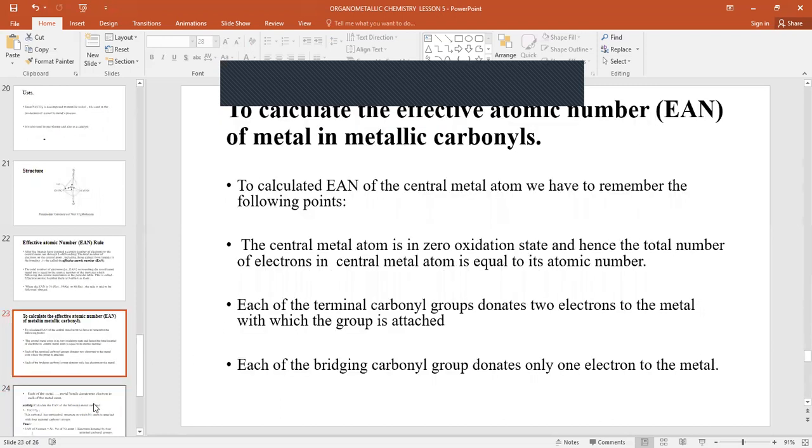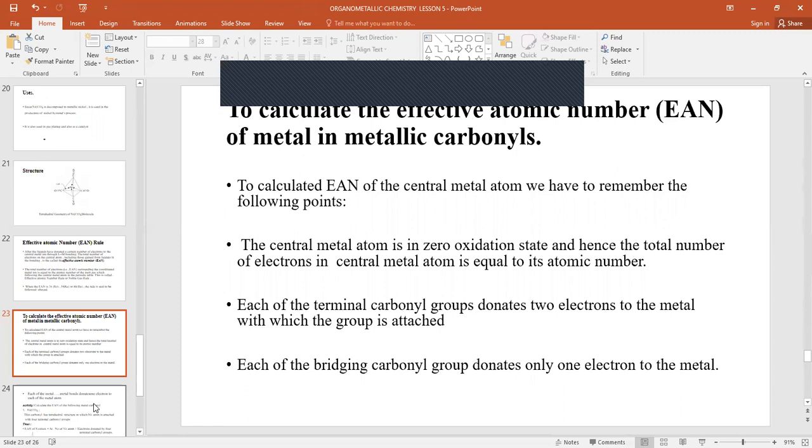How do we calculate the effective atomic number of a metal in a metal carbonyl? The following rules must be observed. The central metal atom, we have to remember, is in zero oxidation state, and hence the total number of electrons in the central metal atom is equal to its atomic number. You remember, atomic number is equal to the number of protons, which is equal to the number of electrons.